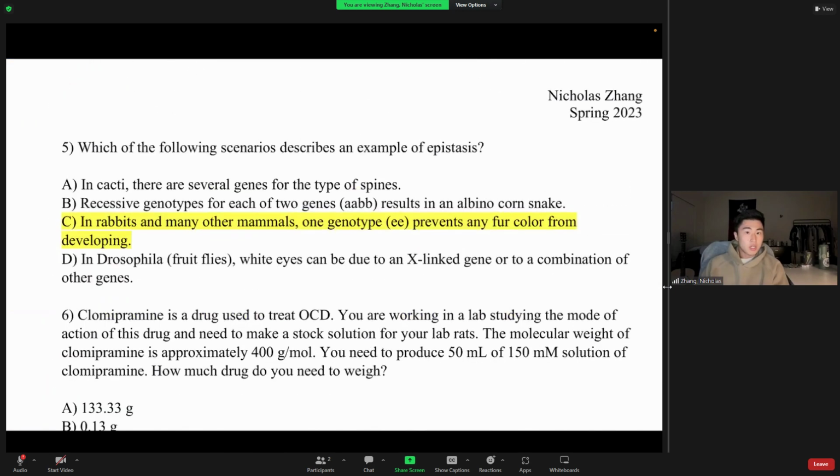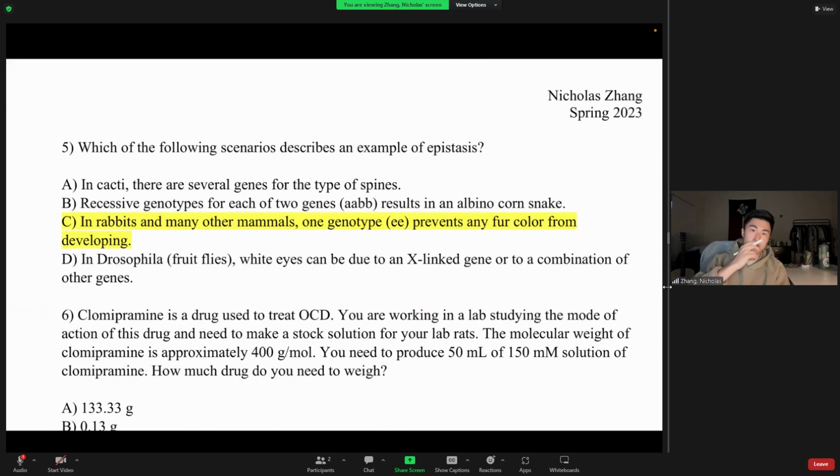Cool. Which of the following scenarios describes an example of epistasis? So epistasis is whenever one gene affects the phenotype or outcome of another one. For example, the answer choice has an example that is correct. Let's say fur color is indicated by a gene totally separate from the one that's being talked about in the question, right?